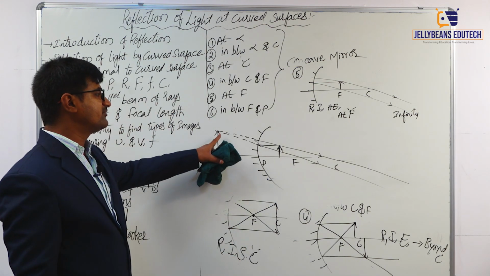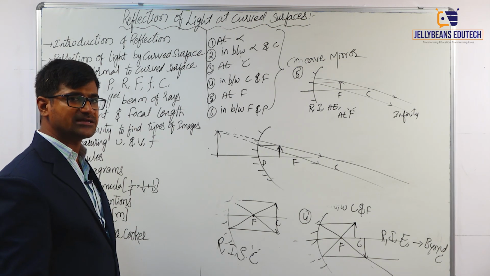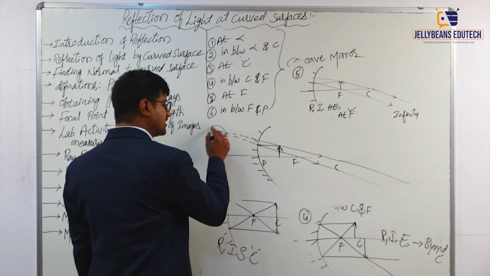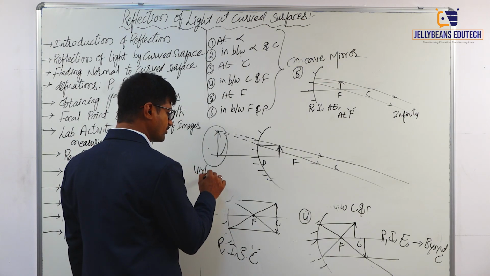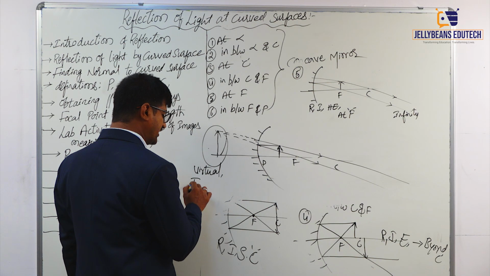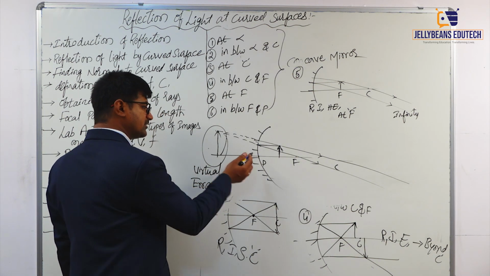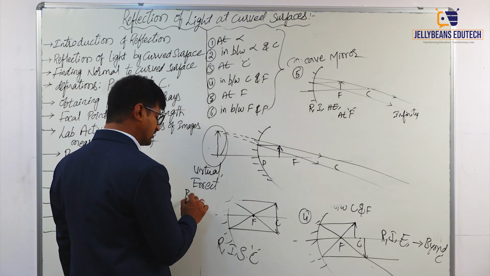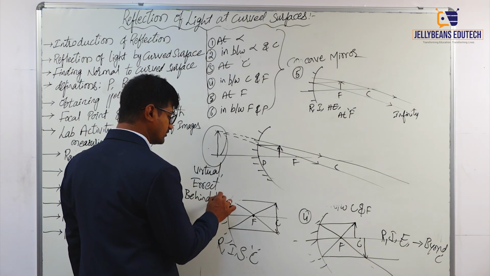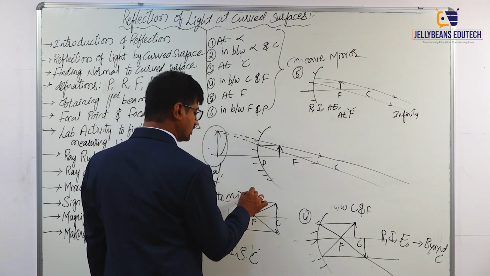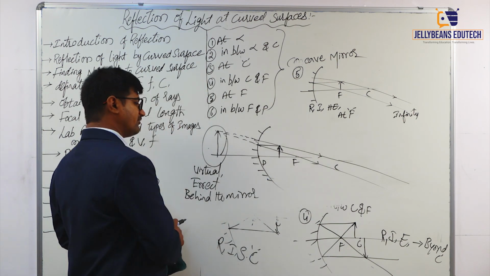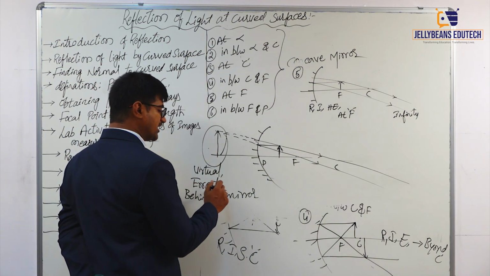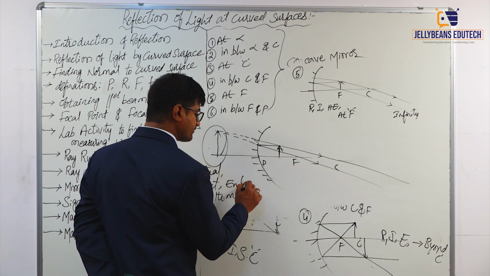This convergence is imaginary, so the image formed at this position is virtual and erect, and the image is formed behind the mirror. When we observe the nature of the image, it is enlarged.